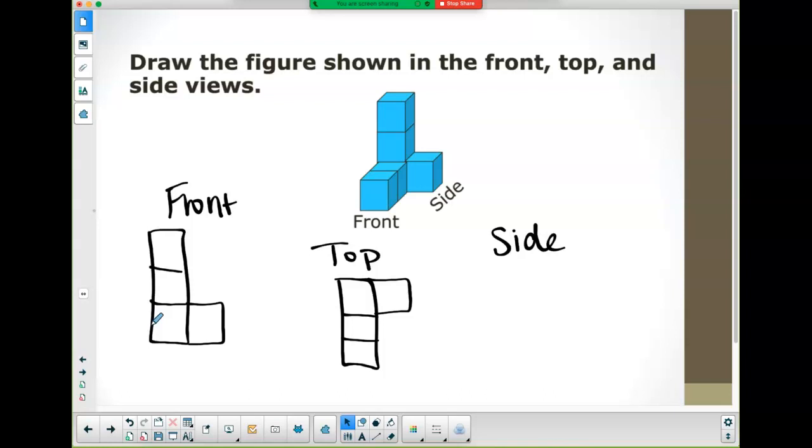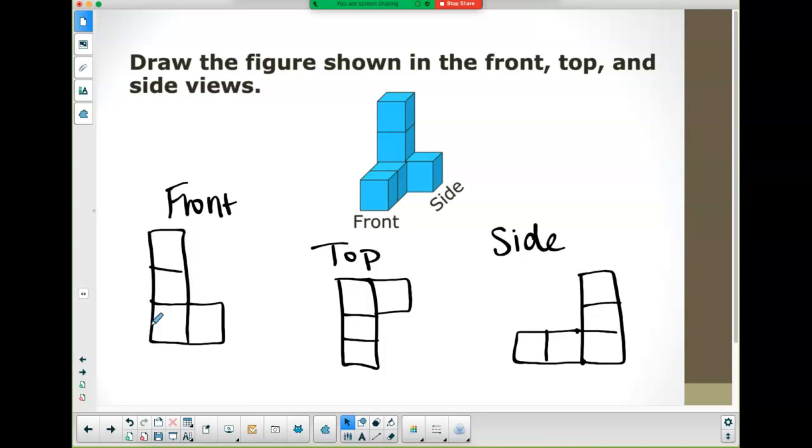So what does a side view look like? Similar, right? Except it's got 3 up and down. And then there's my side view. Are we good with that?